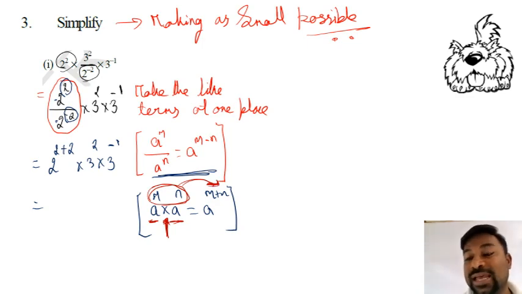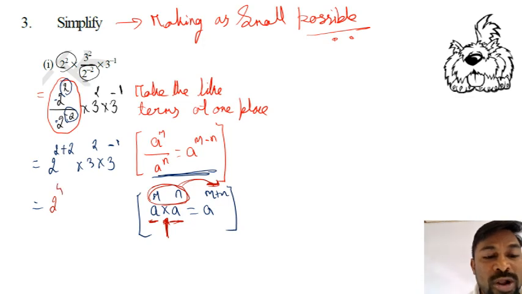That is m plus n. So here if you simplify, it is 2 to the power 4. And for 3, it is 3 to the power 2 plus minus 1. That is what we have done.